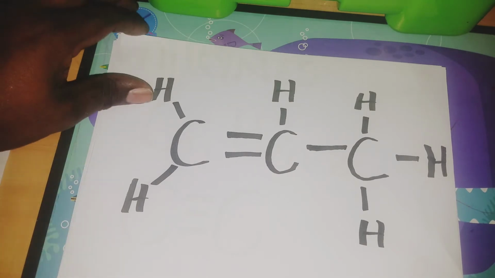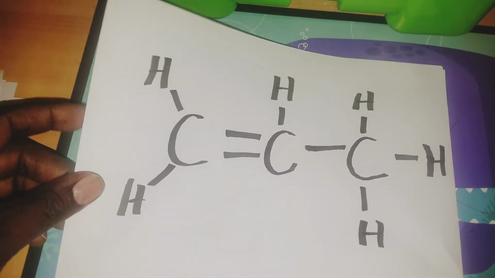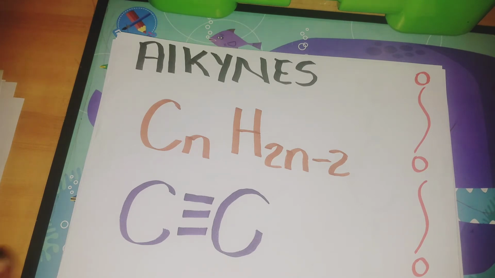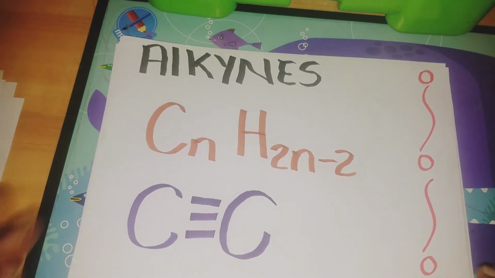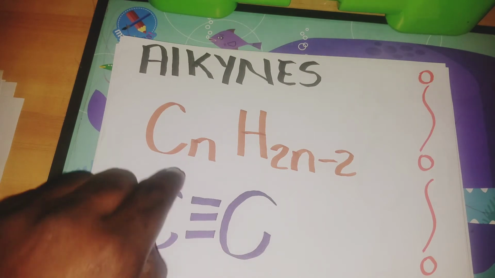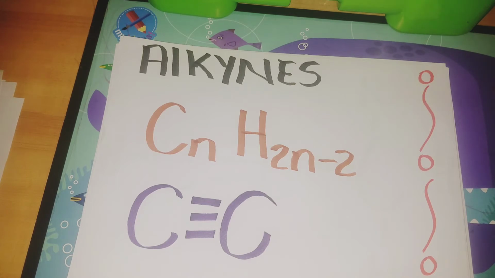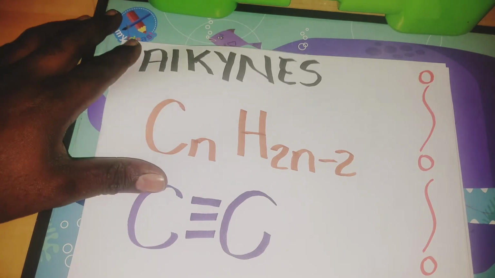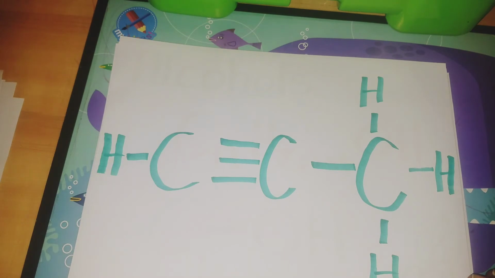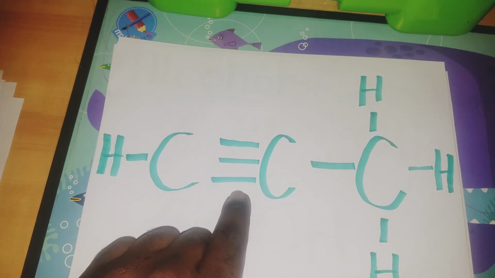So let us press on to our next class of organic compounds, and that class are the alkynes. All right, wonderful. The alkynes' general formula is CnH2n-2, and the functional group is carbon triple bond carbon, different from the alkenes. The alkenes were carbon double bond carbon. So let's look at an example of alkynes. This is a 3-carbon alkyne. Based on the functional group, we are looking for a carbon triple bond carbon.